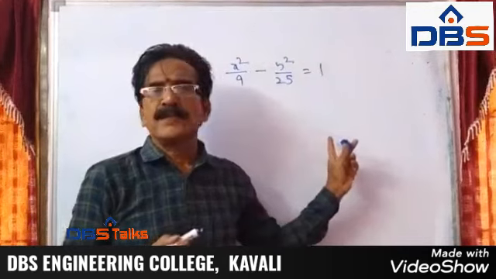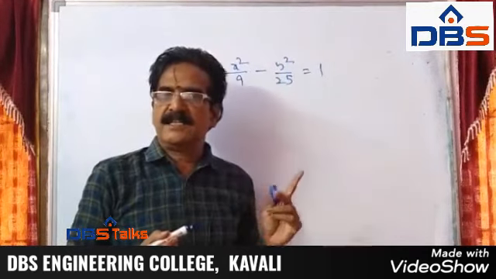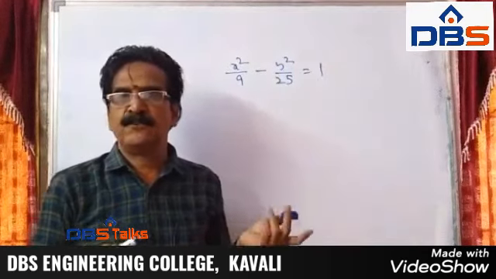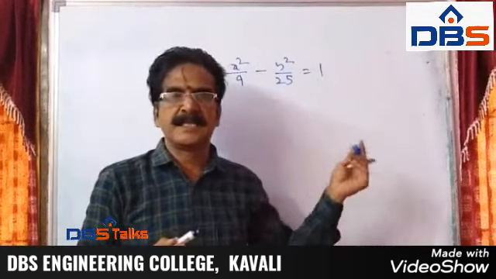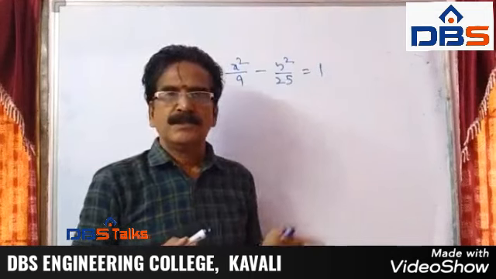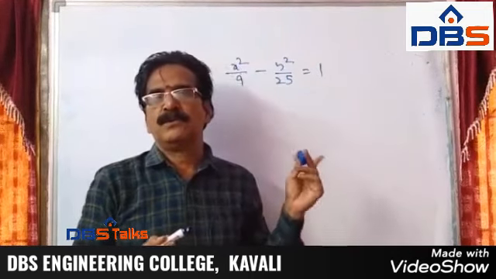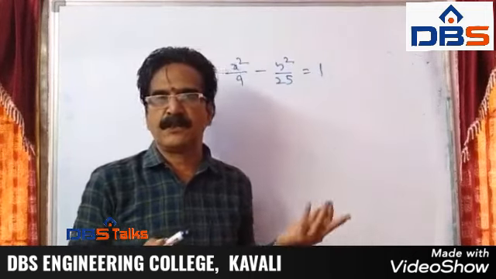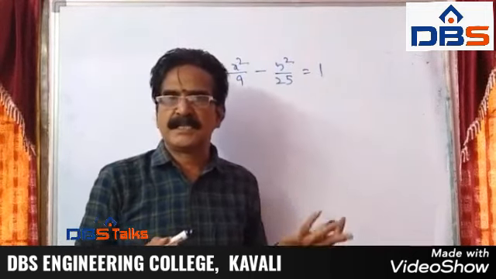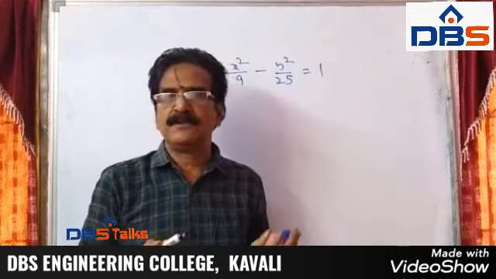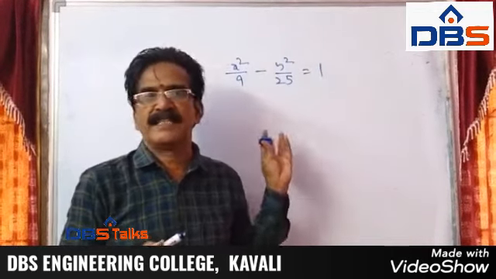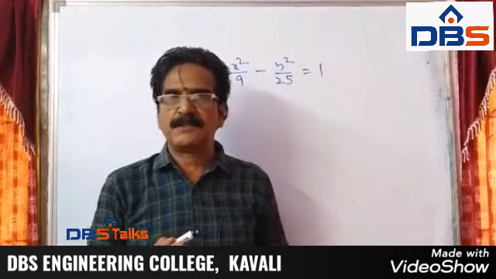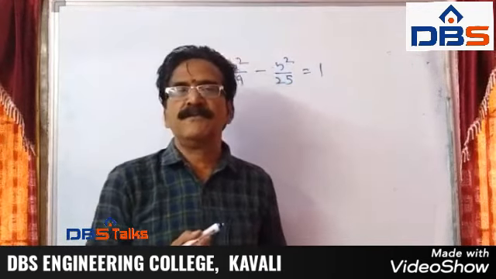The foci are plus or minus c comma 0, where c is equal to root of a square plus b square. In an ellipse it is c is equal to root of a square minus b square, whereas in a hyperbola c square is equal to a square plus b square, so c is equal to root of a square plus b square.